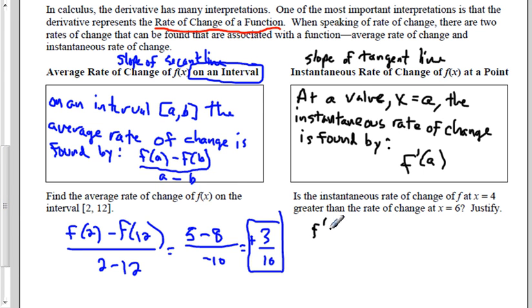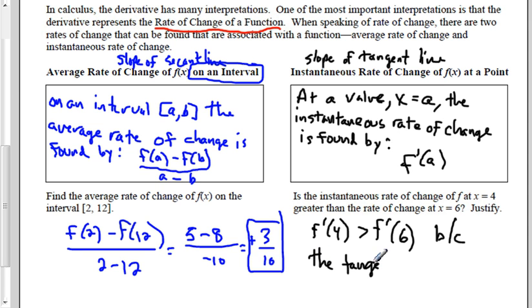So I know f prime of 4 is greater than f prime of 6 because the tangent line is steeper at x equals 4 than it is at x equals 6. So that's my justification.